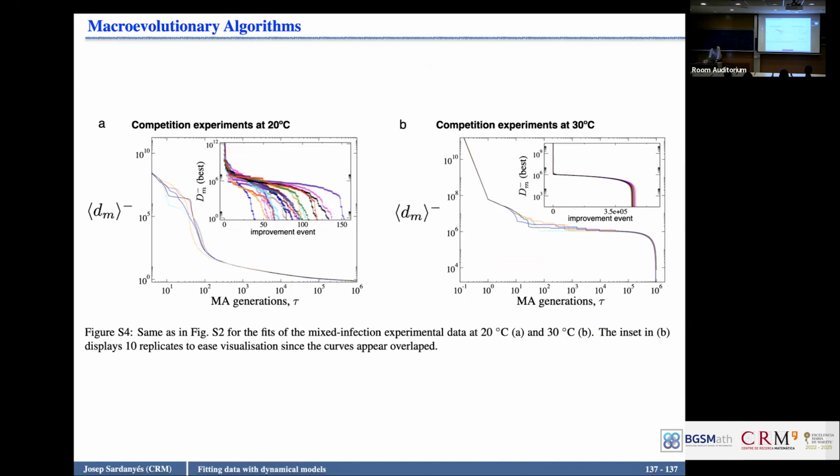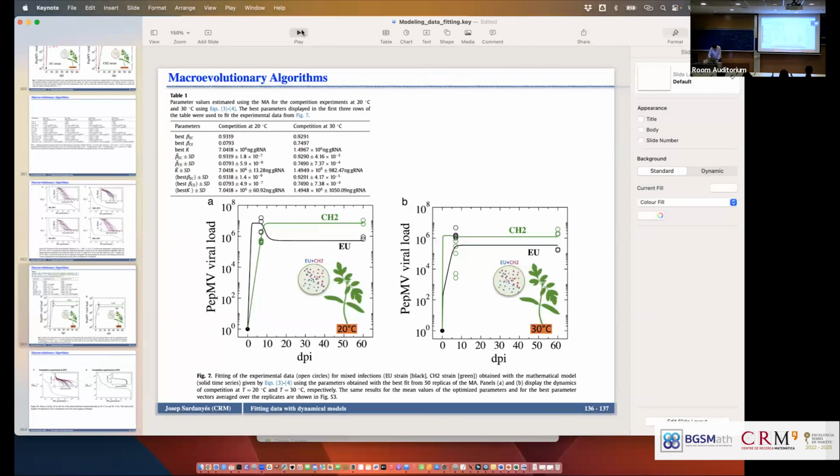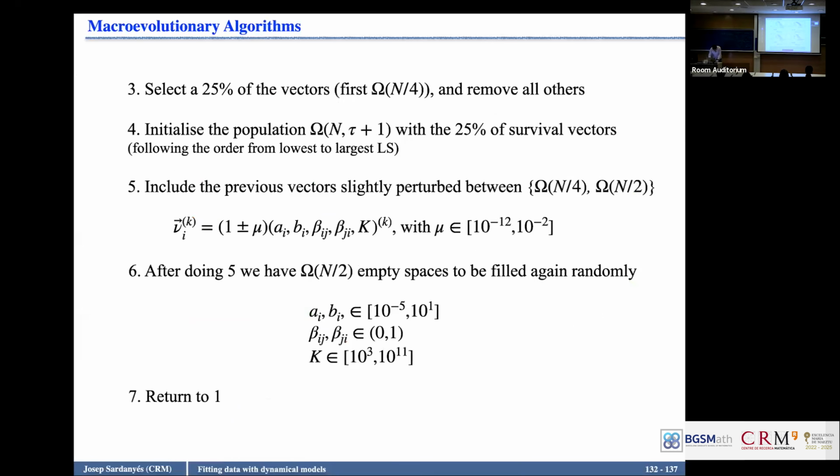This is the same for the competition experiments. Here we have this DM distance, this composed distance between the two dynamics. And here this is 10 to the power of 10, and this is almost 1. And you can see that in 10,000 generations, you have improved a lot. And just to finish, let me tell you the numbers I use here.